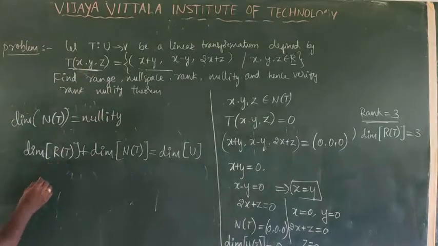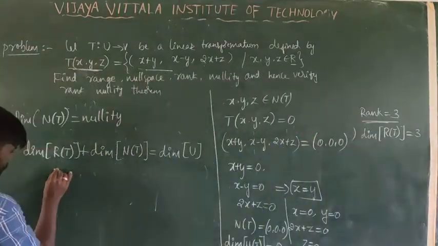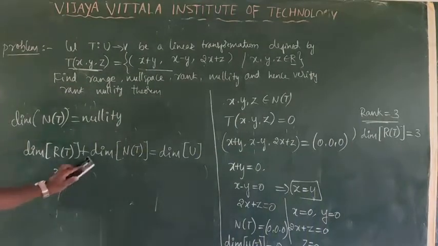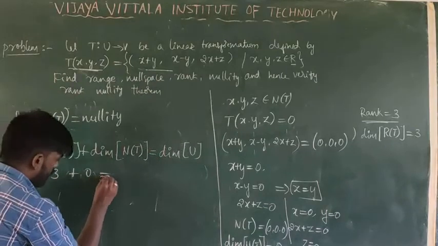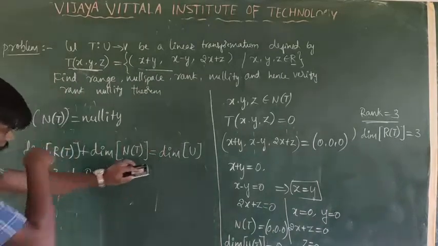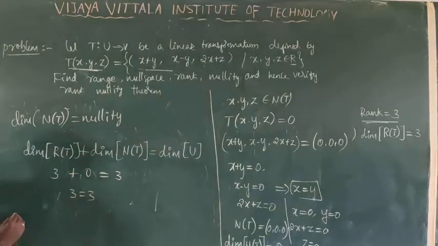Therefore, the dimension of R of T, the rank, is 3. So 3 plus the dimension of the null space, which is 0, equals 3, the dimension of U. Therefore, 3 equals 3, which means the rank nullity theorem is verified.